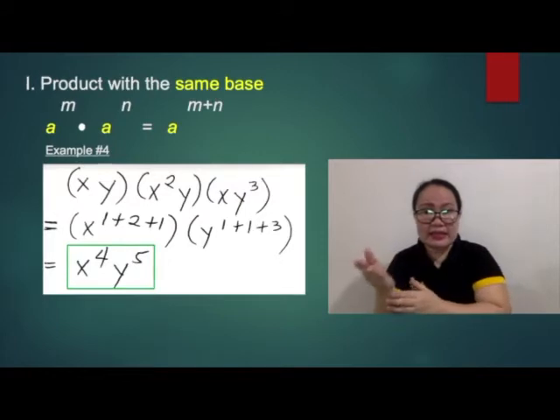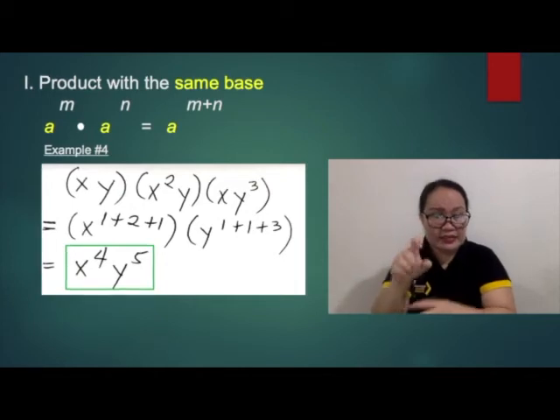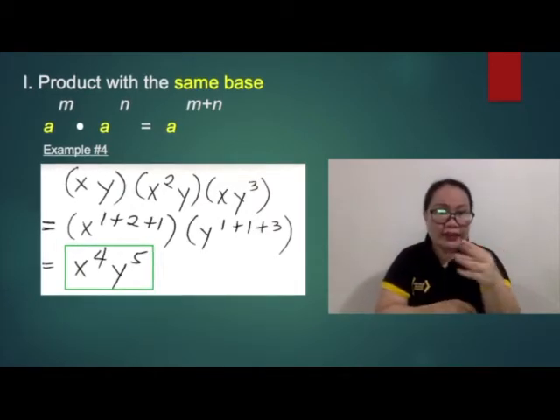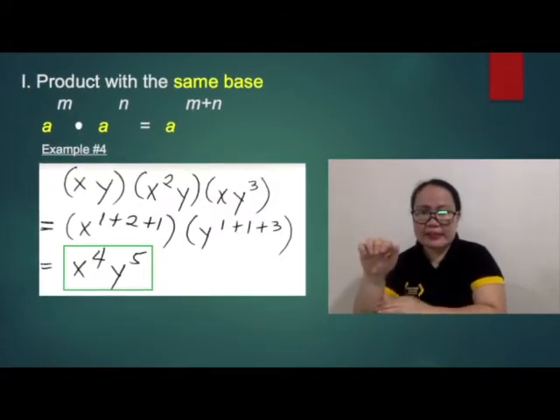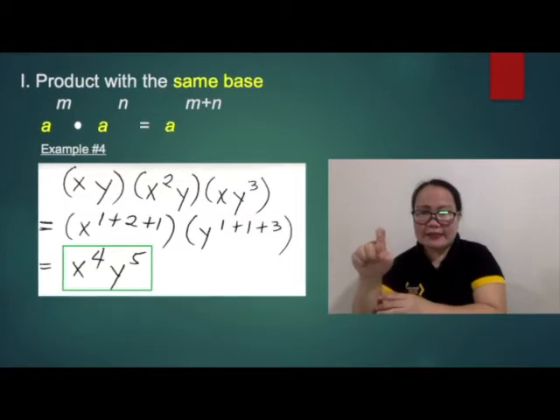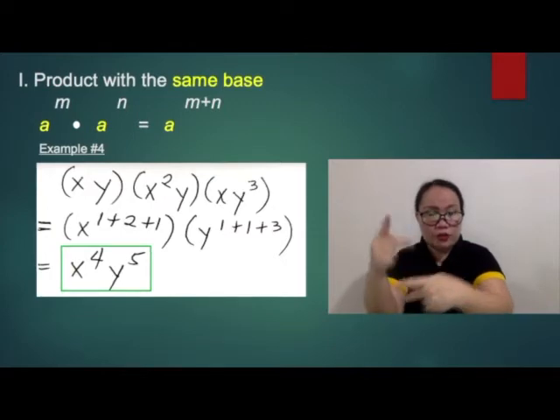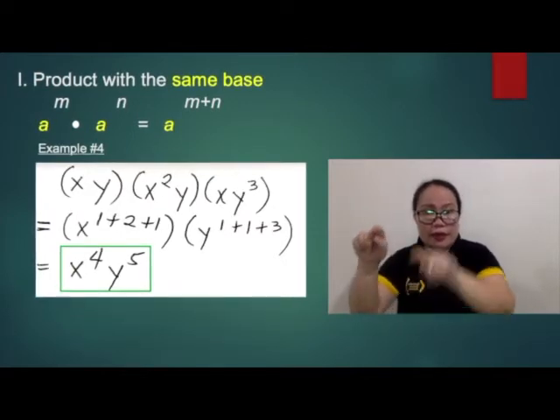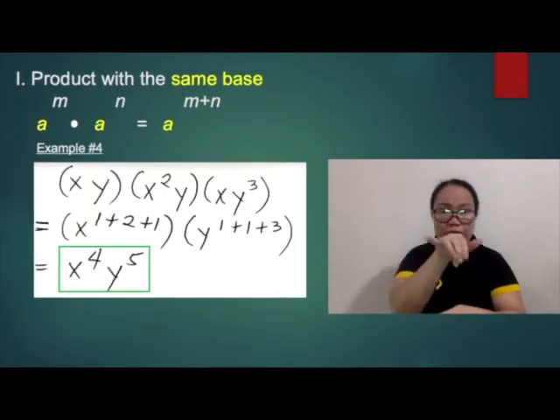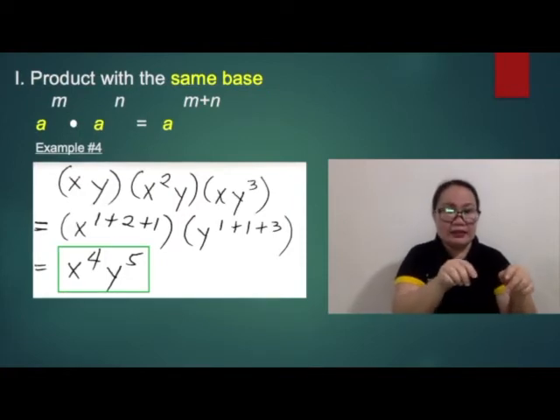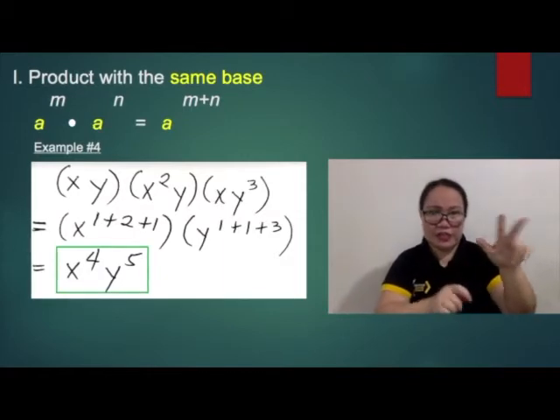So in this case, you can only add the exponents of x and x, and the exponents of y and y. Okay, so xy in parenthesis means multiplication or times. So xy times x raised to the power of 2 y, and then times xy to the power of 3.